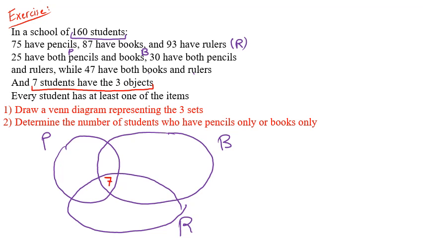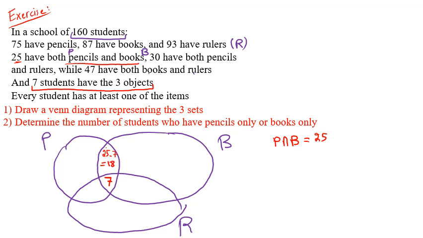Now we will take how many students in P intersection B, the pencils and the books. Here we have P and B. There are 25. So how many here? 25 minus 7. The answer will be 18.